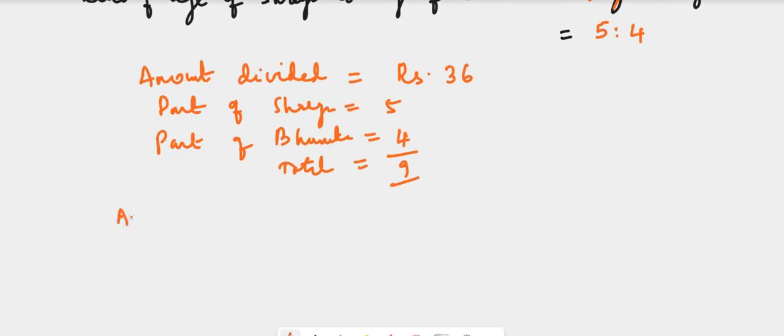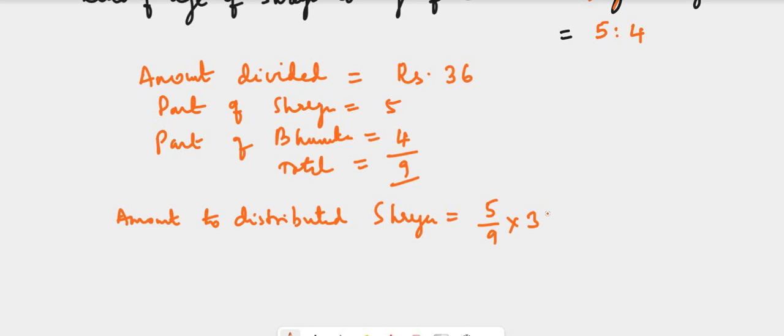So amount distributed to Shreya is equal to 5 parts by total parts into 36. 9 4s are 36, that is equal to rupees 20. So remaining amount to Bhumika.